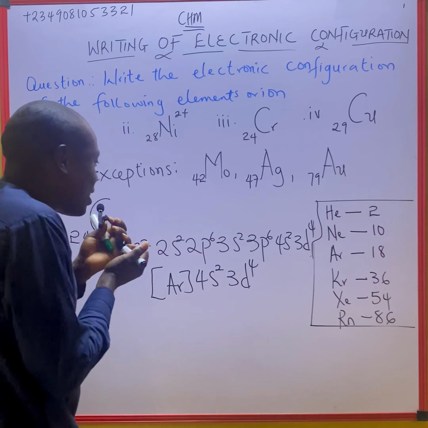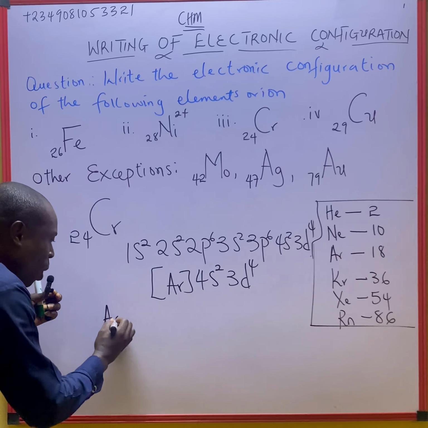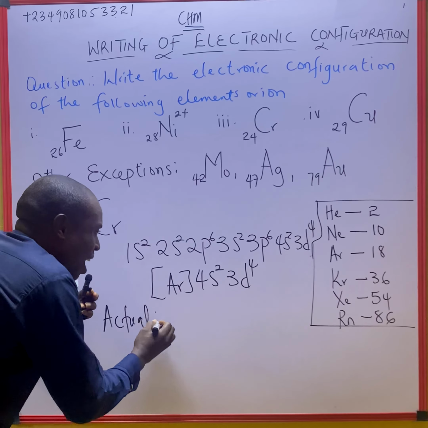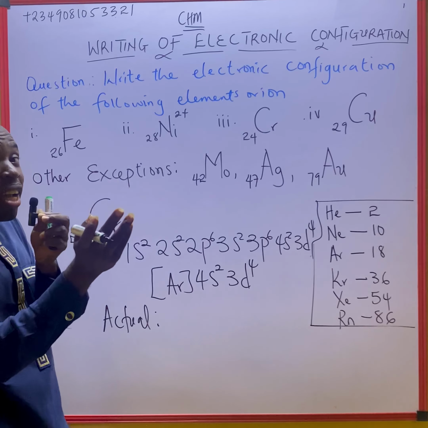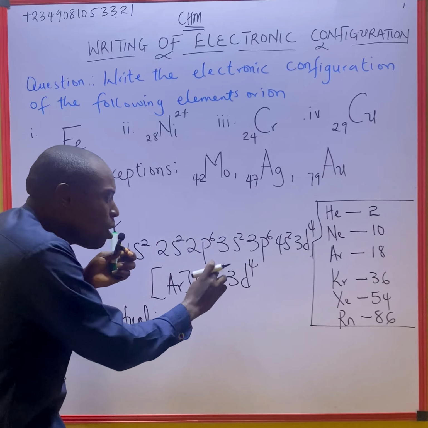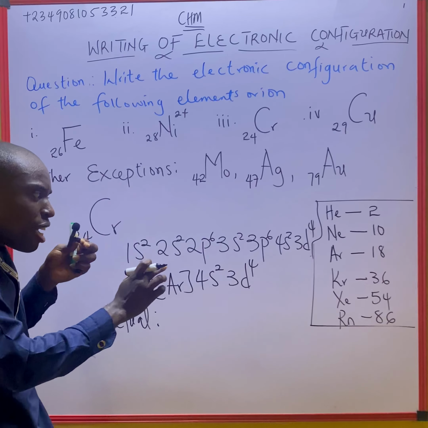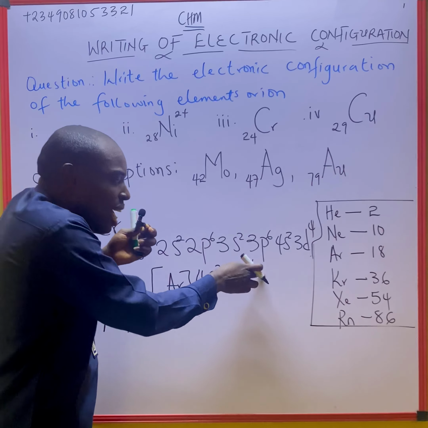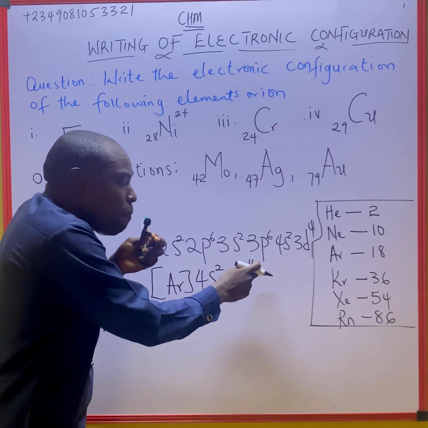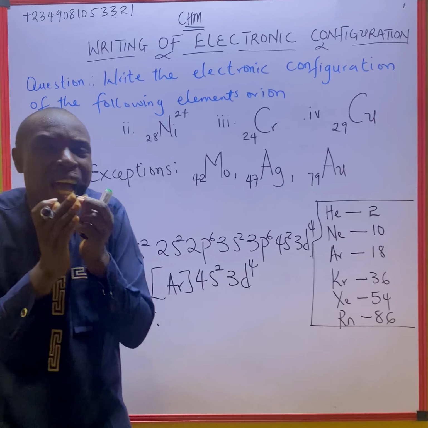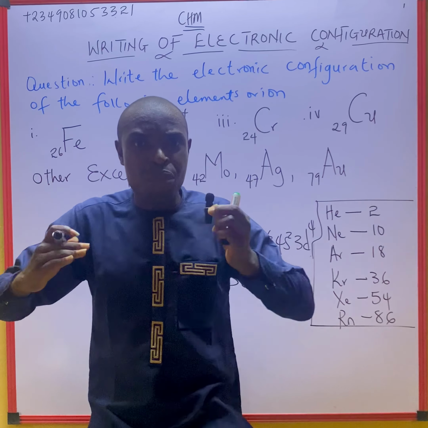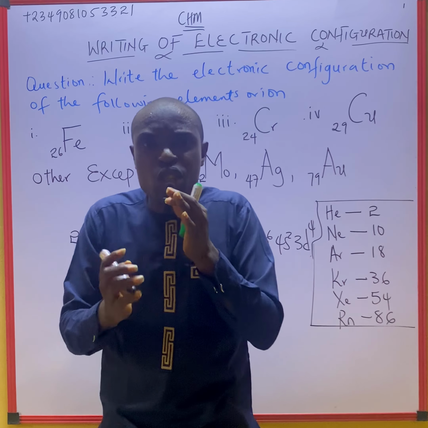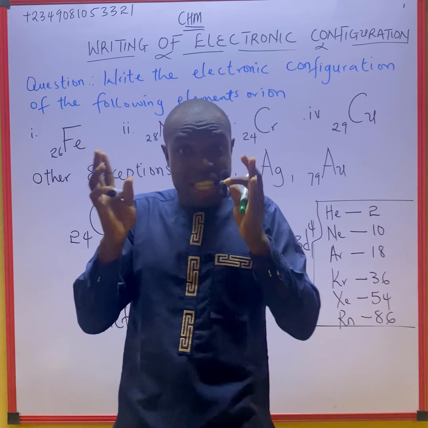And that exception, which is the actual configuration, is that there will be a removal of 1 electron from here. You don't throw it away. You remove that 1 electron from here, then you add it to this d orbital, making the d orbital have a total of 5 electrons, making it half stable, because the maximum electrons of the d orbital is 10.